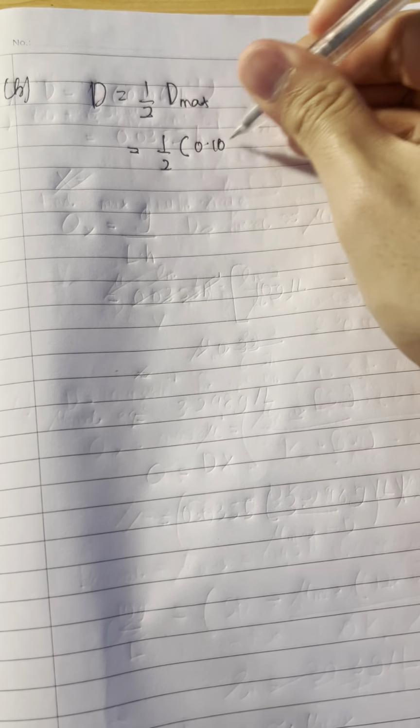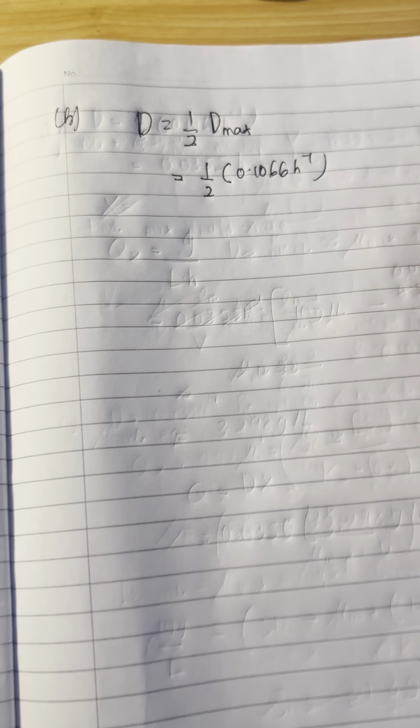Question B: what is the concentration of the protozoa when the operating dilution rate is half of the maximum? So just calculate the new D for question B, which is half of 0.1066 per hour.